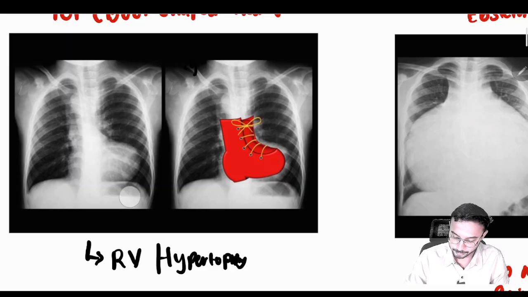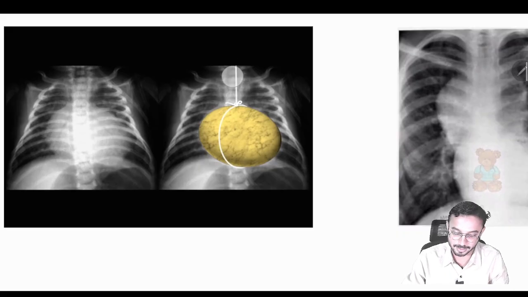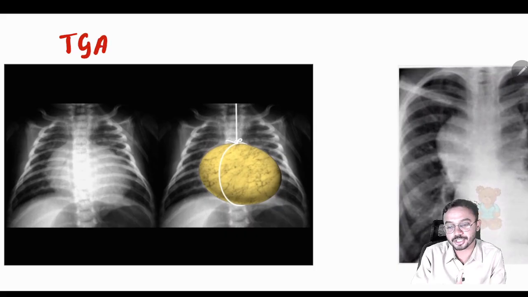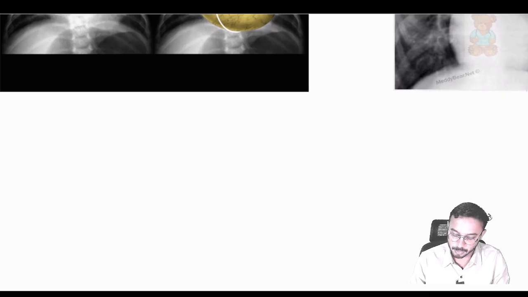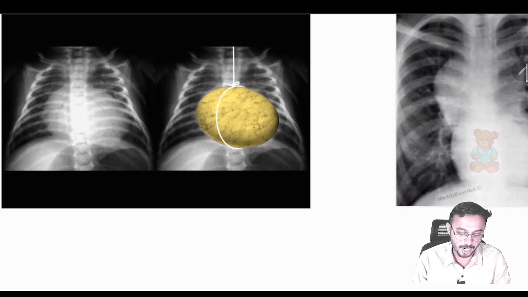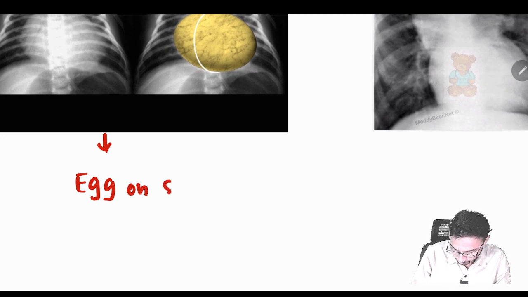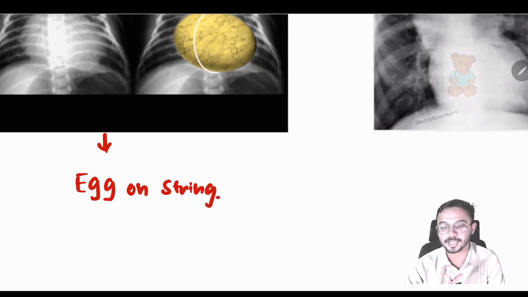What is this? An egg on a string. This is seen in TGA, transposition of great arteries. The heart looks like a shadow. What actually happens in TGA is a displacement of the aorta and pulmonary artery.